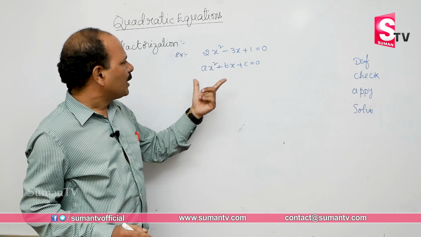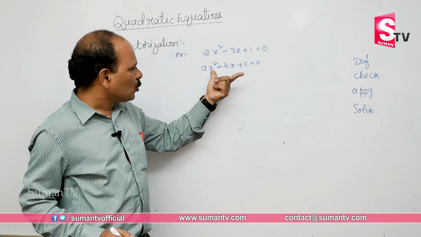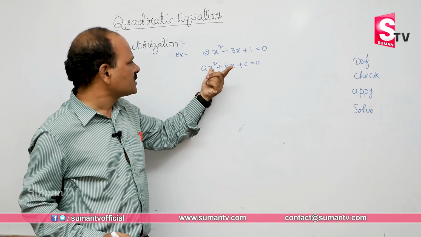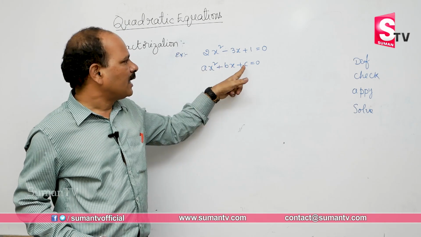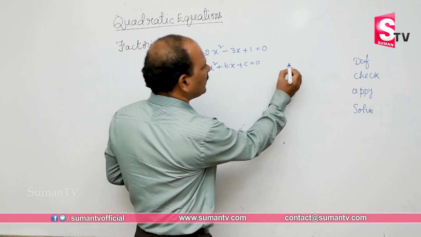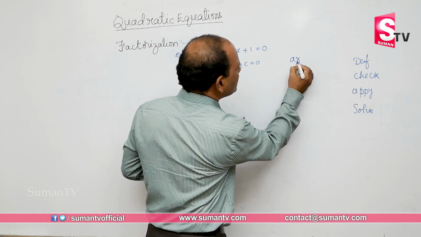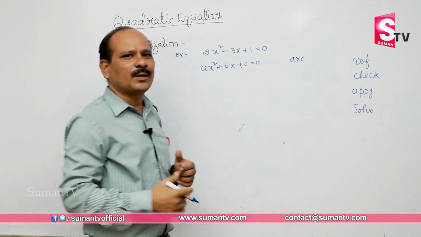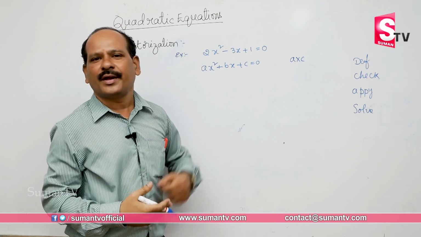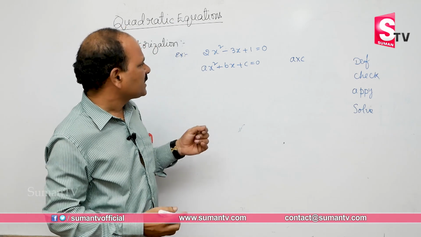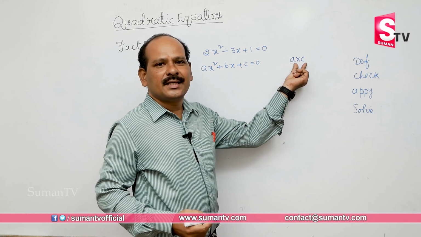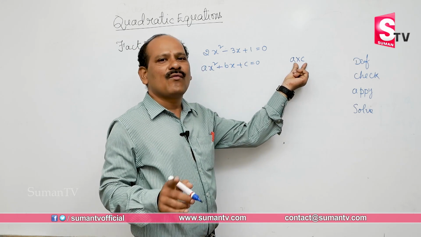Next part, we have to multiply the coefficient of x square, which is a, and the constant c. The product of a and c we have to find out in the first step. Next, we have to split this product into factors.